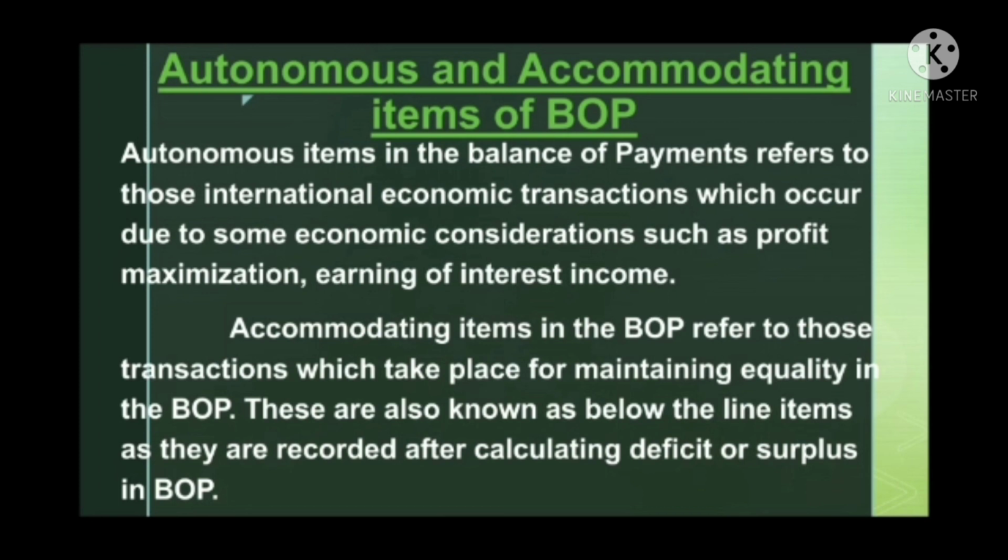These items are also known as below-the-line items. For example, if there is a current account deficit in balance of payment, then this deficit is settled by capital inflow from abroad. The sources used to meet a deficit in balance of payment are foreign exchange reserves, and borrowing from the IMF or foreign monetary authorities.